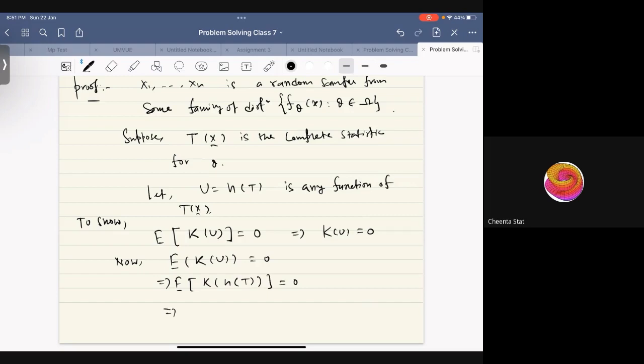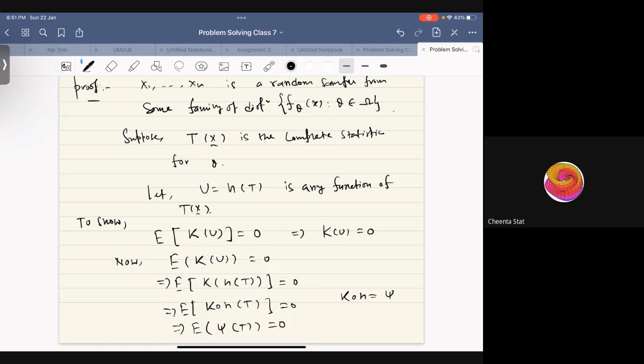You can see it's a composition of functions, k composed with h. Taking this composition as psi, it is basically expectation of psi(T) equal to 0.